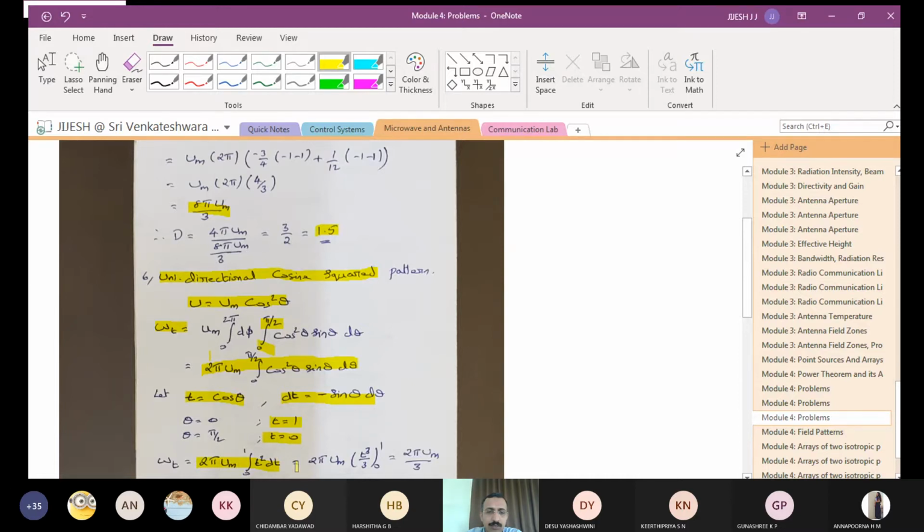When you substitute the limits 0 to 1, you will get 2 pi by 3. So you are going to get 2 pi by 3, and let me know what the directivity is. You can take 1 minute to simplify it and find out the directivity.